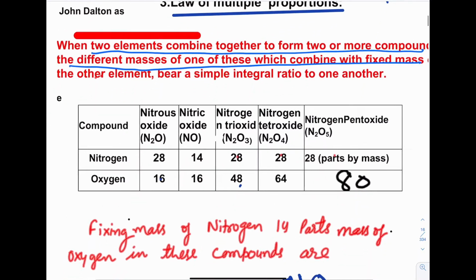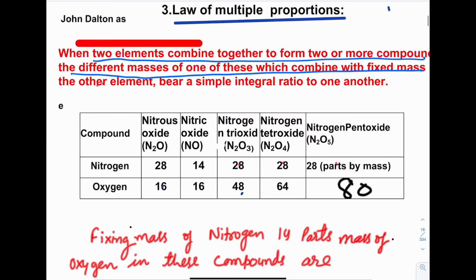I repeat this definition: when two elements combine together and a fixed mass of one element combines with different masses of the other element, the ratio of the other element is always a simple integral ratio.